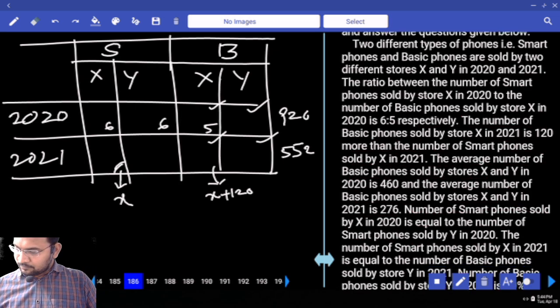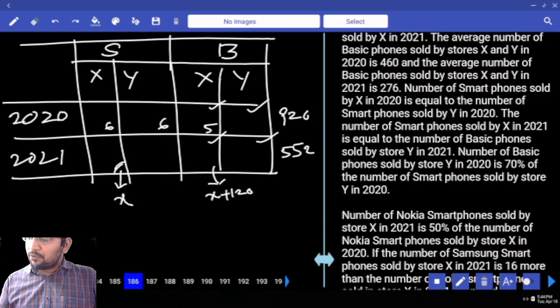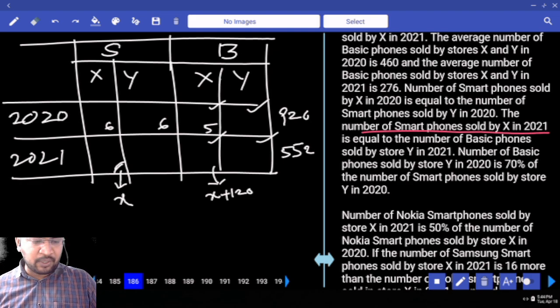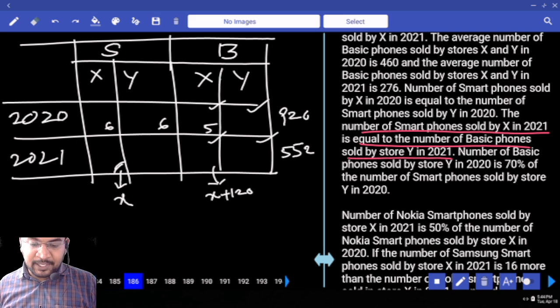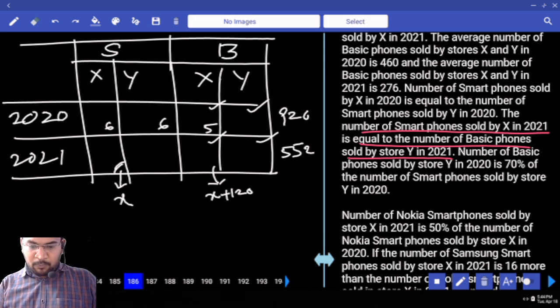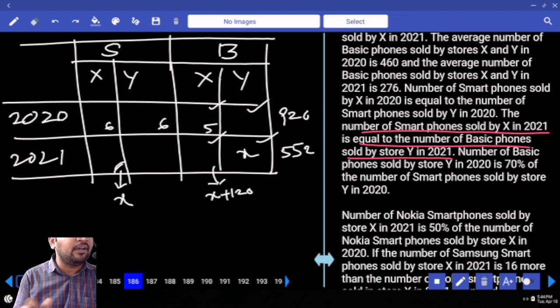Next statement: the number of smartphones sold by X in 2021 is equal to the number of basic phones sold by Y in 2021. So Y in 2021 basic phones is X. This one is also X.